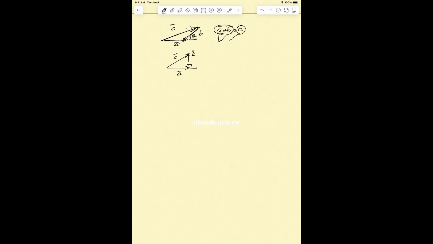In which case this is called resolving C into two mutually perpendicular components. This is one part of it. Now the second part is even more useful if we can have these two perpendicular components along the x axis and the y axis.